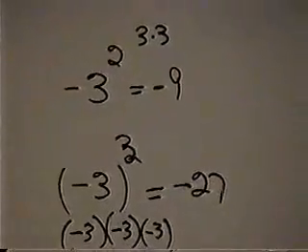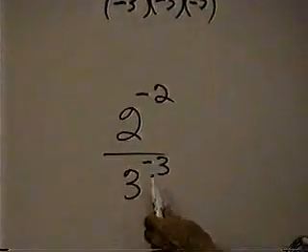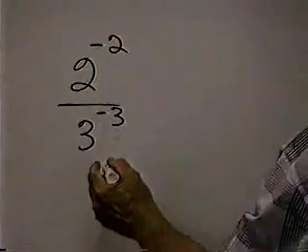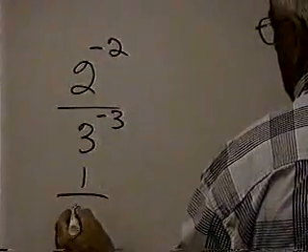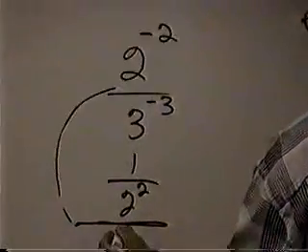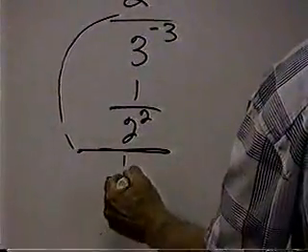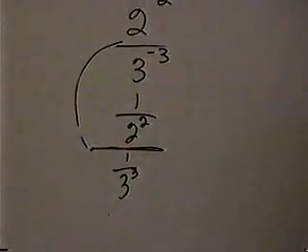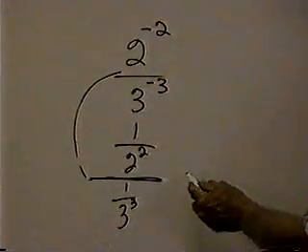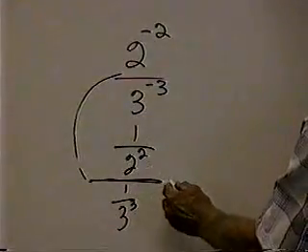All right, next example. Here we have 2 to the minus 2 power and 3 to the minus 3 power. So this can be worked by saying 1 over 2 to the 2 power divided by 1 over 3 to the third power. And when you divide fractions, you invert and multiply.